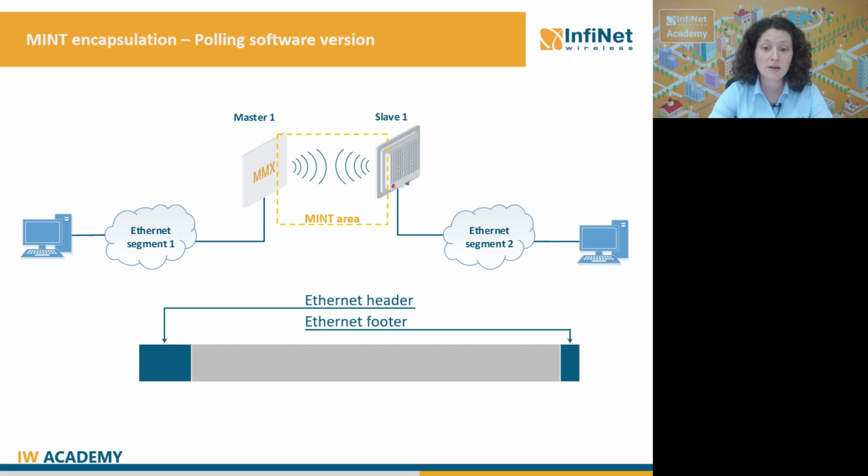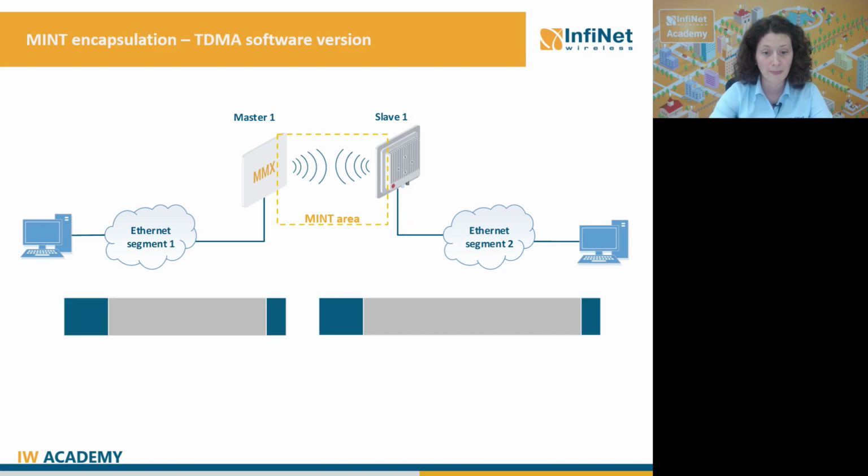In case of using the polling software version, the entire Ethernet frame, no matter its size, will be encapsulated into a MINT frame using an additional MINT header. When exiting the MINT area, the frame is decapsulated back to the original Ethernet frame and switched from the RF interface to the Ethernet interface of slave 1.